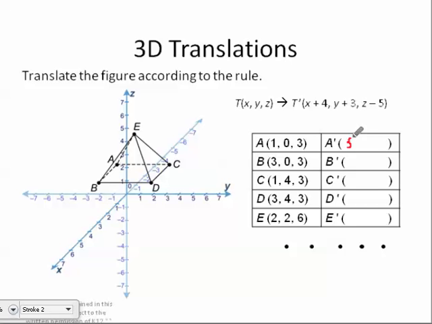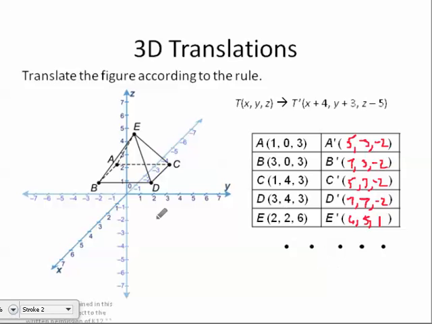So it's going to be a 5, 3, -2. 7, 3, -2. 5, 7, -2. 7, 7, -2. And point E would be located at 6, 5, 1. That's how you would translate that object.